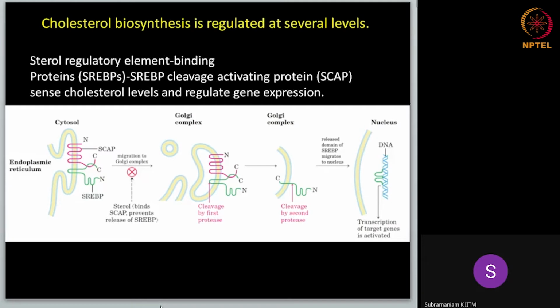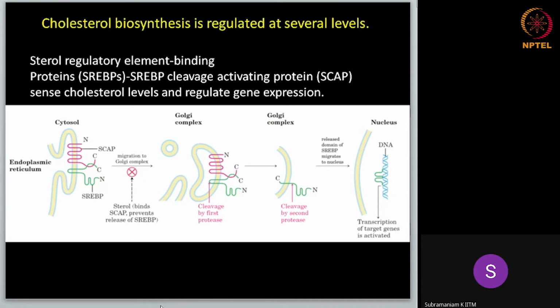So you don't want to do all this synthesis, expending a lot of NADPH and ATP unnecessarily. Only when cholesterol is required as a precursor or for new membrane synthesis do you want to make cholesterol. So cholesterol biosynthesis is regulated at a couple of levels, and we will briefly touch upon both.